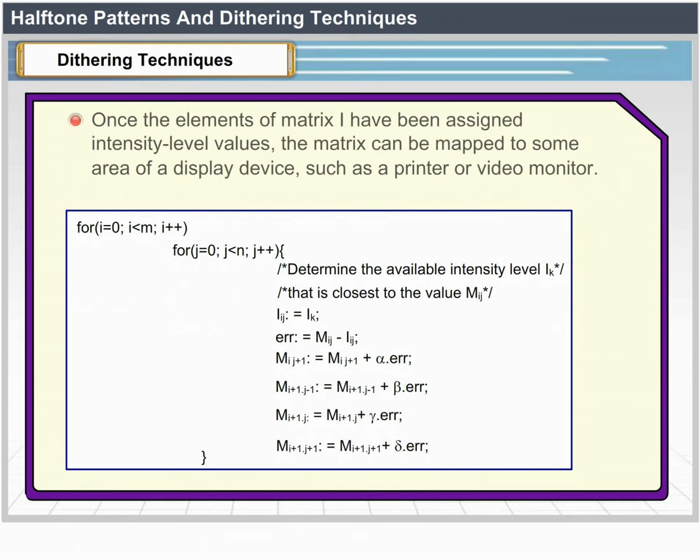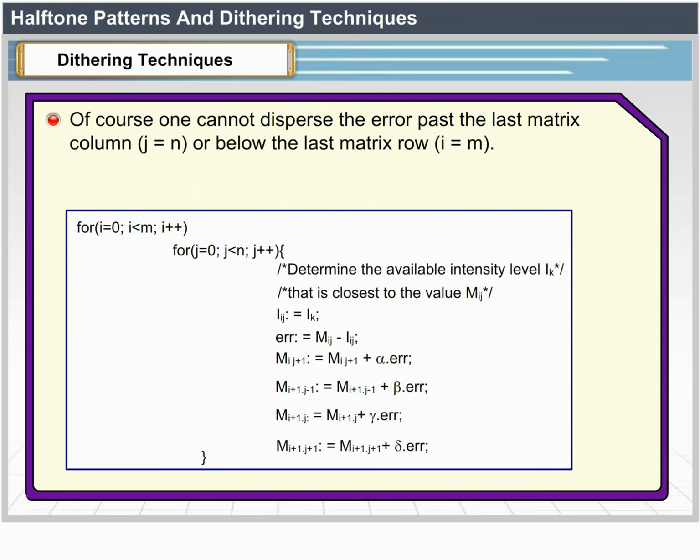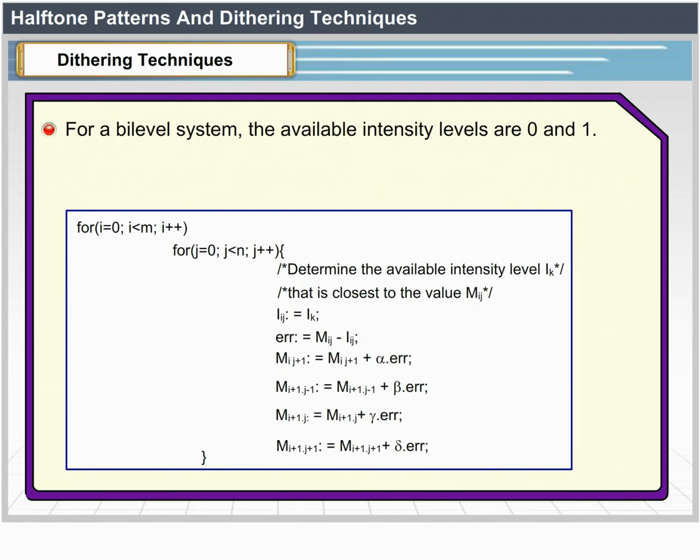Once the elements of matrix I have been assigned intensity level values, we then map the matrix to some area of a display device, such as a printer or video monitor. Of course, we cannot disperse the error past the last matrix column, j equals n, or below the last matrix row, i equals m. For a bilevel system, the available intensity levels are 0 and 1.